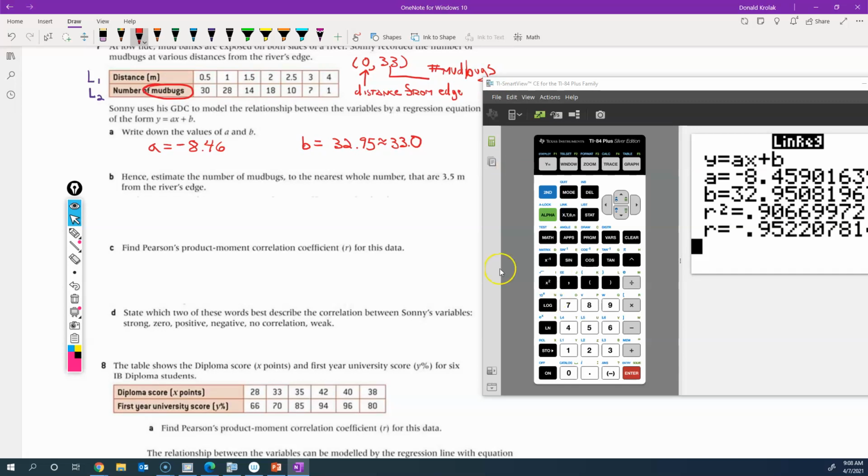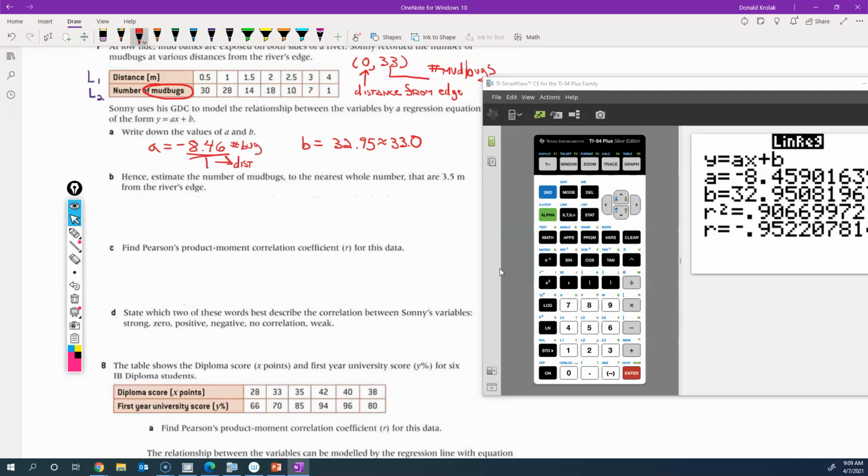Okay, now what the slope's telling you, hey, listen up. What the slope's telling you is for every, this is your distance, because that's the x. And this is the number of bugs that you find.